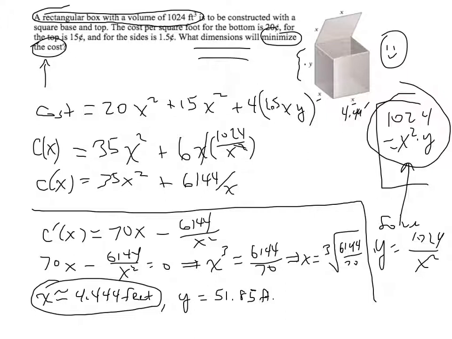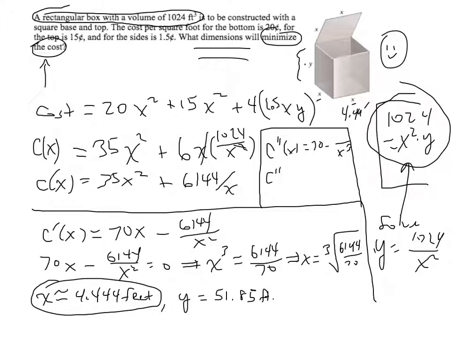So the easiest way, I think what they do in the book, the easiest way to make very sure that you really didn't answer the question wrong, in other words, that there really is a minimum here, is just to take the second derivative at x and verify, because the second derivative here is 70 minus some giant number over x cubed.